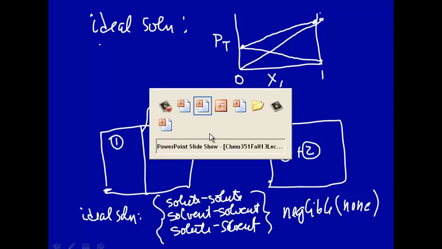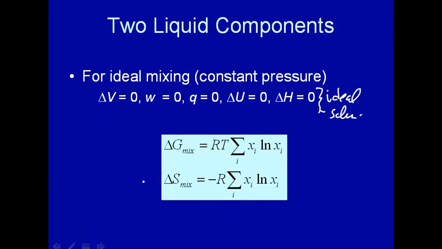So that means that if it's spontaneous, delta S cannot be 0 and delta G cannot be 0. Right? So remember our criteria for spontaneity. At constant temperature and pressure, our criterion for spontaneity is delta G has to be less than 0.